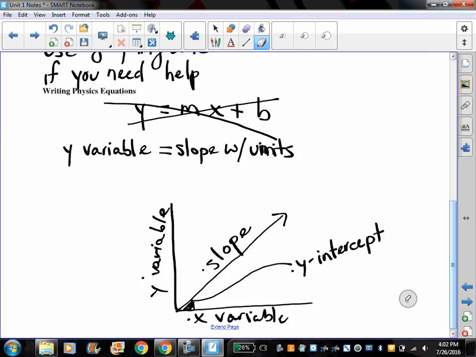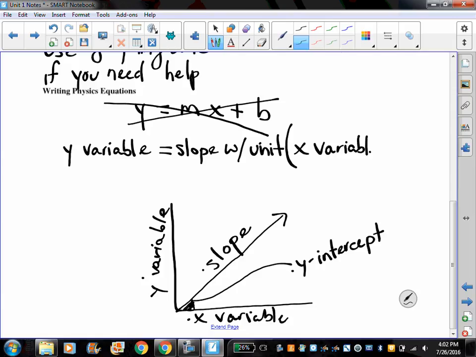Oh, that's a mess. Let's rewrite that one. Every single time we write a number in this class, we're always, always, always going to have a unit attached to it. So since slope is a number, we're going to have a unit with that slope. We'll multiply that slope by whatever is on your x-axis. So again, maybe that's time, maybe that's displacement, maybe it's velocity.